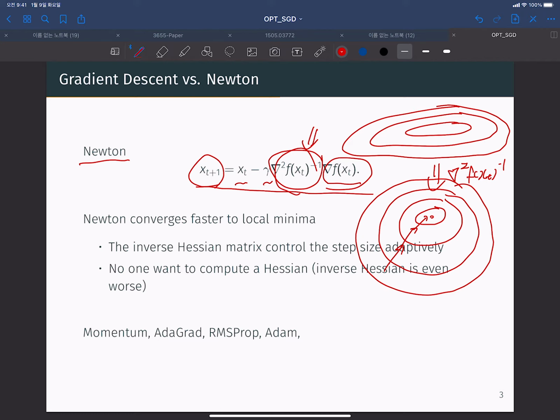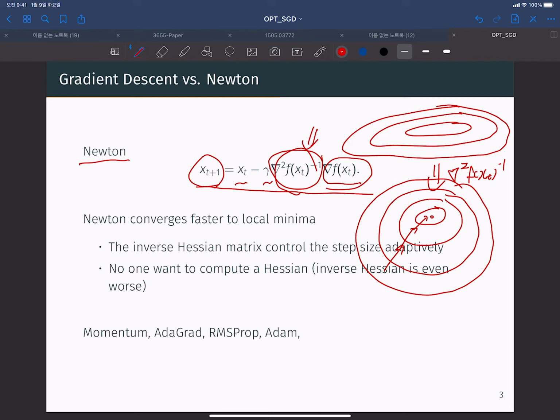The Hessian matrix's shape is proportional to the number of parameters. You have to store every parameter pair's second order partial derivatives. So if you have millions of parameters, you have to store millions by millions of second order partial derivatives that represent your Hessian matrix.